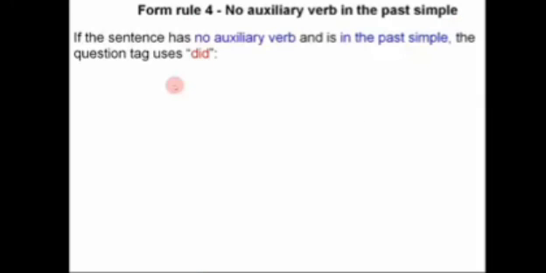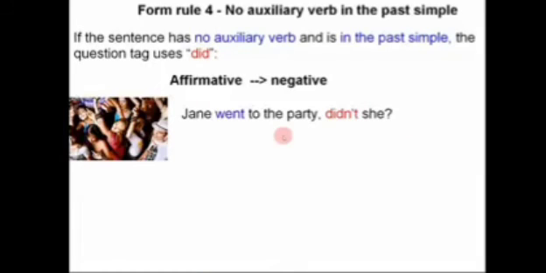Rule 4. When there is no auxiliary verb in the past simple, the question tag takes the verb did. Jane went to the party, didn't she?